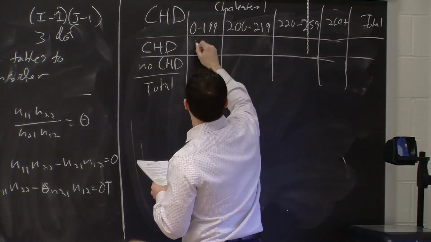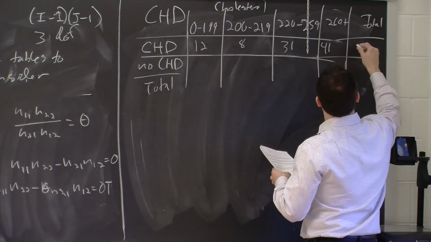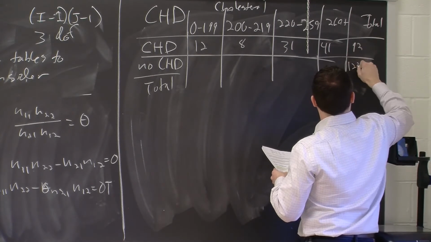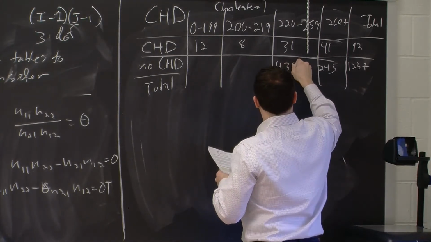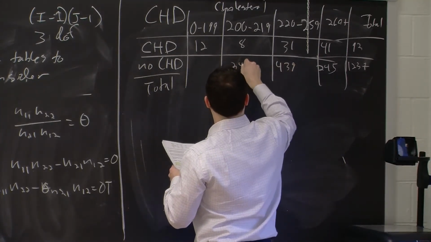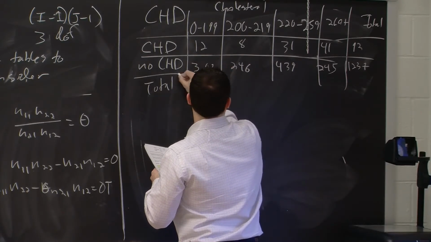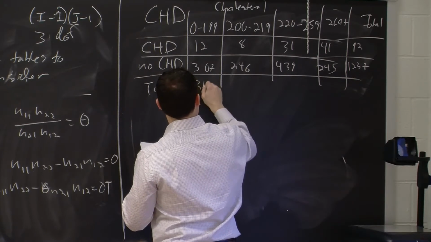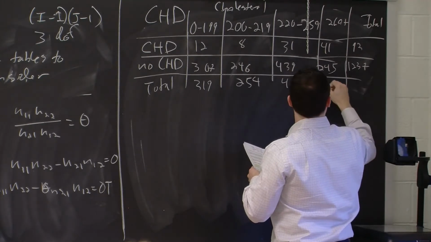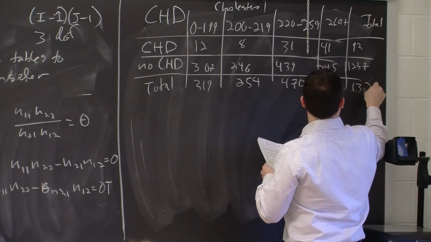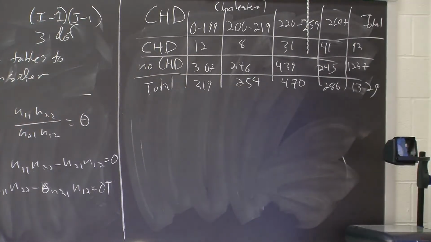I apologize for my poor drawing here. 12, 8, 31, 41, 92, 1237, 245, 439, 246, 307, and down here the totals 319, 254, 470, 286, 1329. Okay. So we have a binary variable and then a 4 outcome thing.